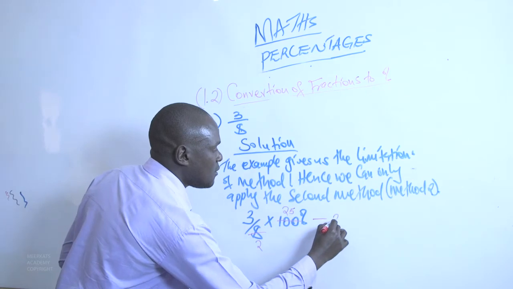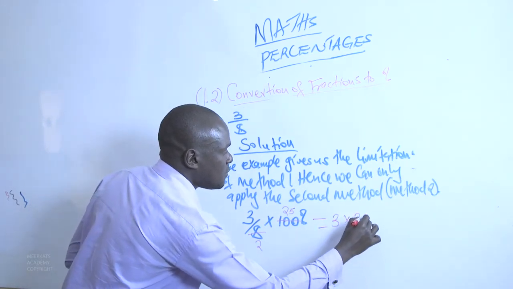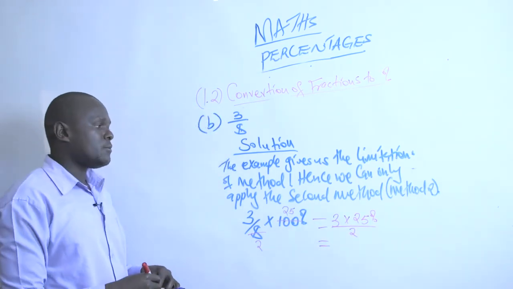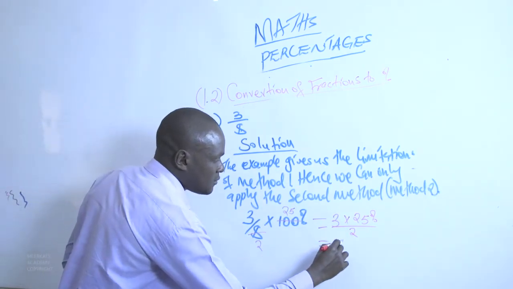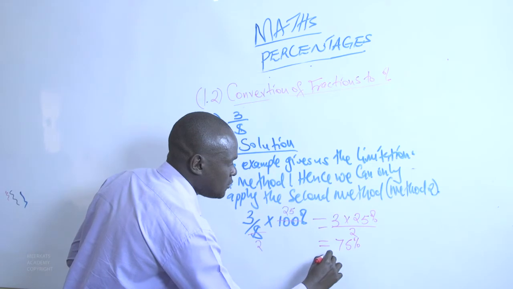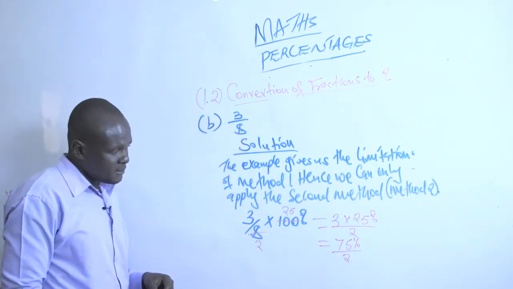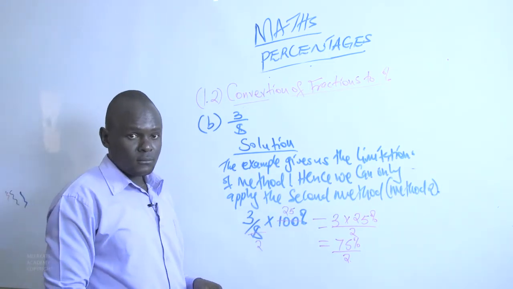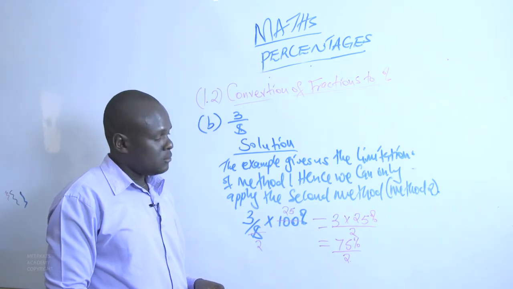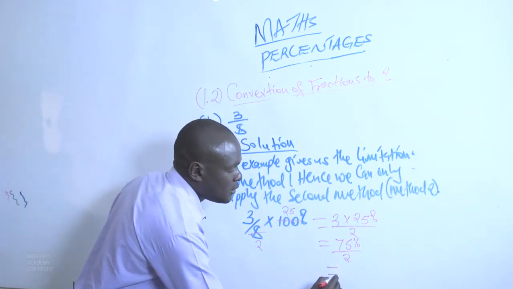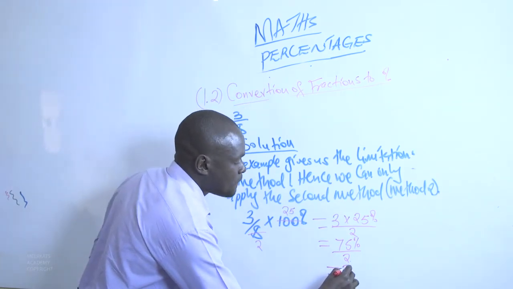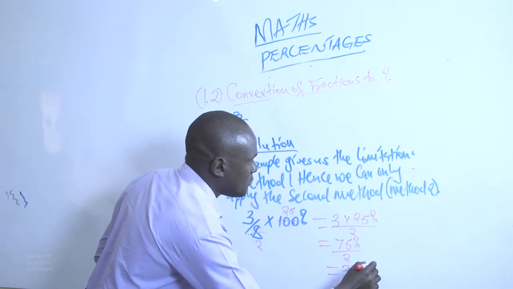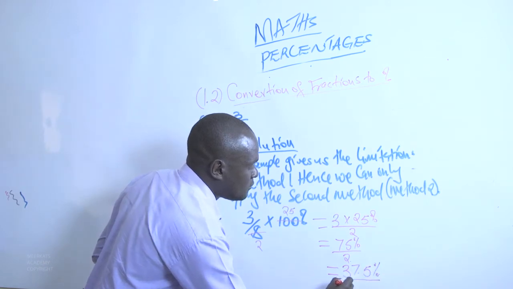This will give us 3 multiplied by 25% all over 2. And when we multiply 3 by 25%, we will get 75%, which will be divided by 2. 75% divided by 2, we use any division method that we know, to get 37.5%.